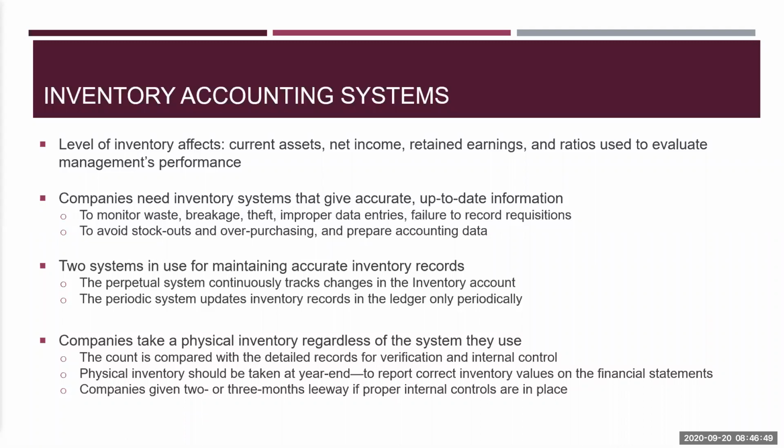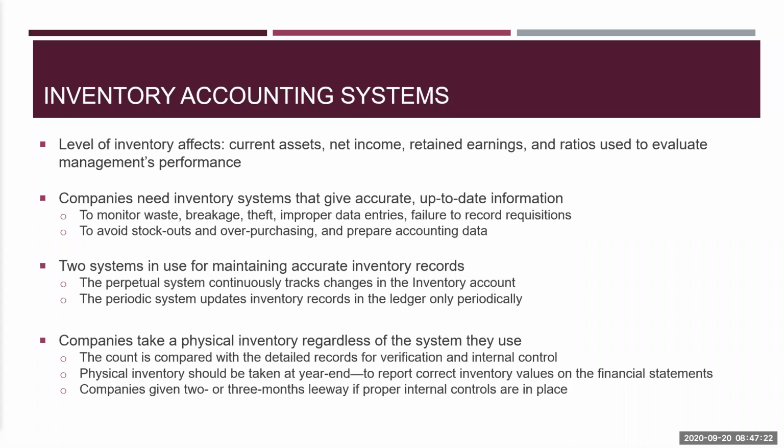So how are they going to make sure that they have accurate inventory and be able to manage that inventory? It is through two systems. One is the perpetual inventory system, which will track your inventory movement in real time: what's coming in, what's going out. On the other end, there is an option to do this under the periodic inventory system, where the information is only available at the end of the period.